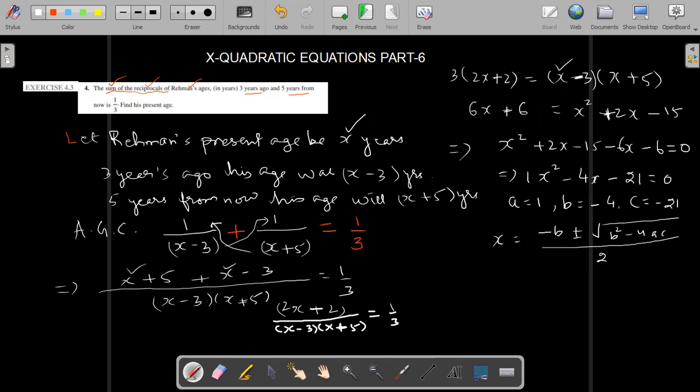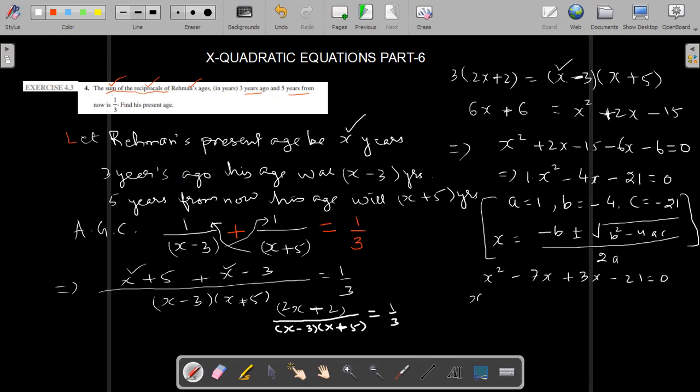But the formula method will take too much time. If the factors are easy, then we can do it directly. 7 times 3 is 21, and we can get the answer. So you can try this by the formula also. But here we can split 4 into 7 and 3. So x square minus 7x plus 3x minus 21 is equal to 0.